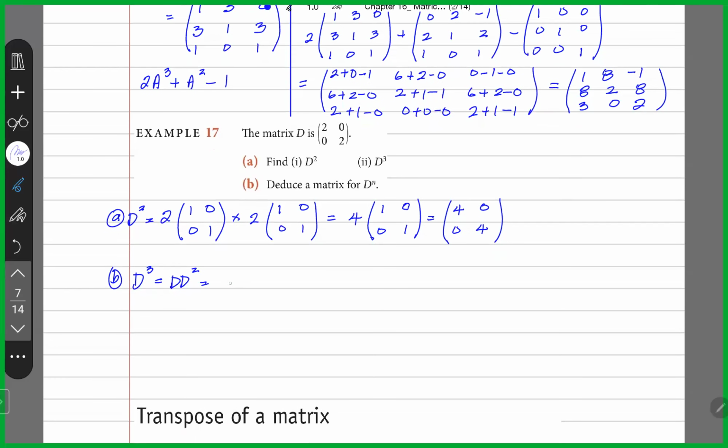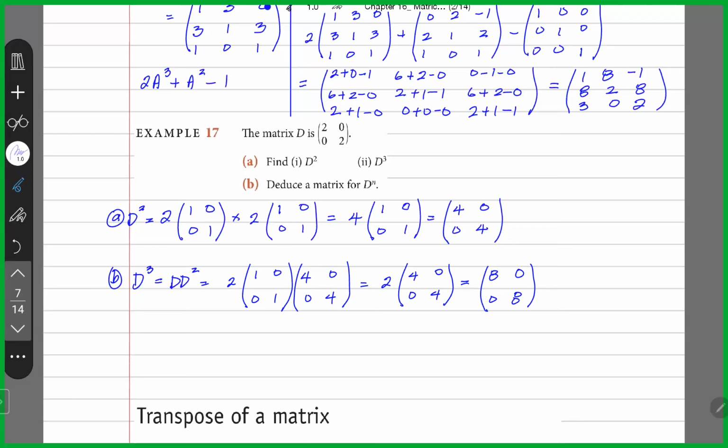So this is 2 times 1, 0, 0, 1, multiplied by 4, 0, 0, 4. This would be 2 times 4, 0, 0, 4. Whenever you multiply a matrix by the I matrix, you get back the matrix. So multiplying every element inside by 2, we get 8, 0, 0, 8.